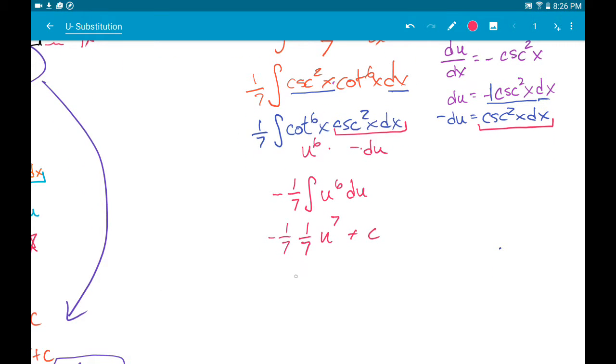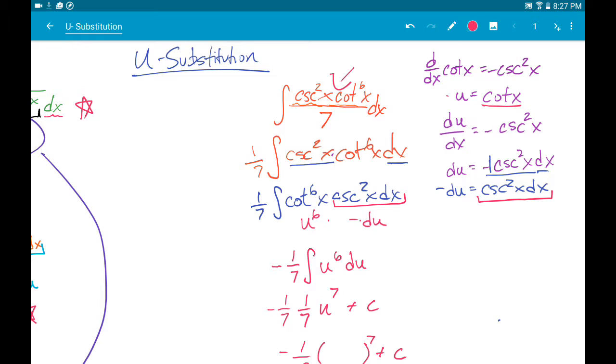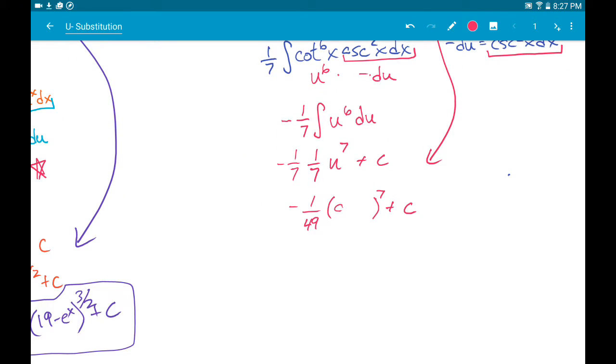So what I have is -1 over 49, u to the 7th plus c. And the very last step is to take my u, which was cotangent x, bring it back down here, and plug it back in. And that's the antiderivative. Again, you could also write it as the cotangent with the 7 here. And we're good to go.